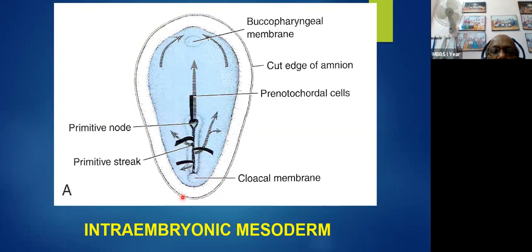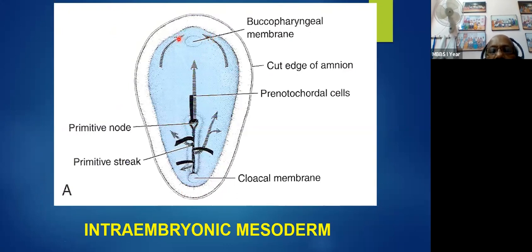This is the primitive streak, the primitive pit. The epiblast cells get proliferated and pass through this and get accumulated in between ectoderm and endoderm to form your intraembryonic mesoderm. This already we have projected.